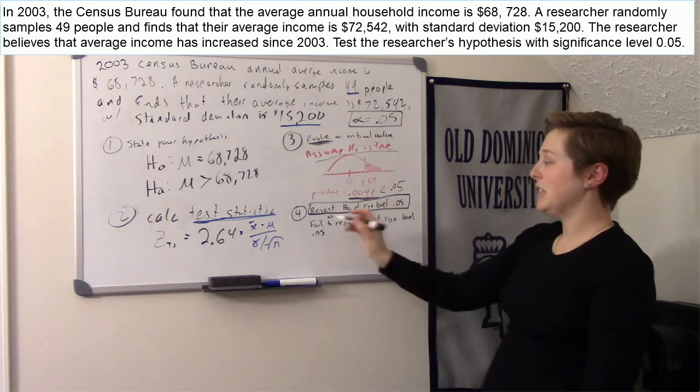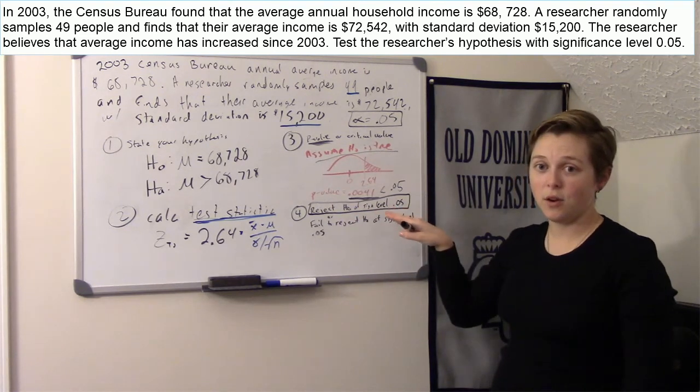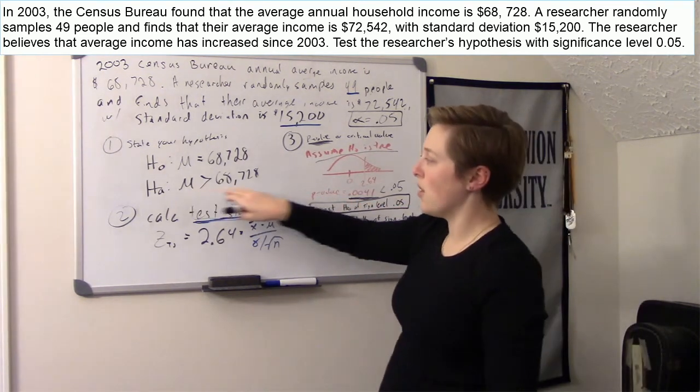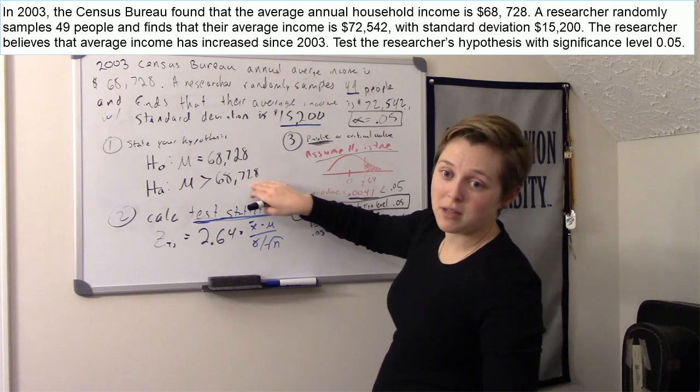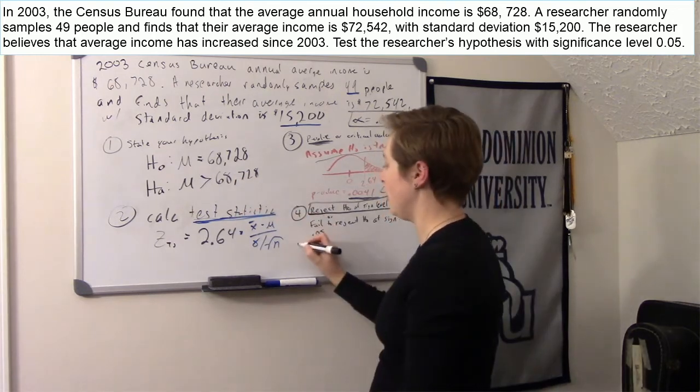That's the second part of writing our conclusion. You always write your conclusion first with regards to the null, and then you say, and therefore, the true population mean is more, so we have to say something with regards to our alternative hypothesis.